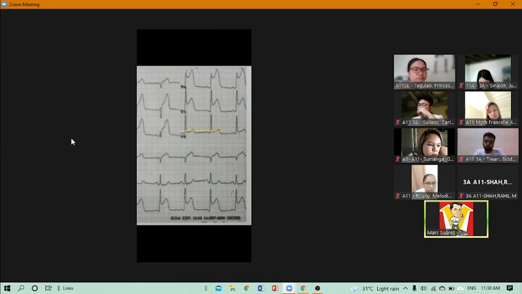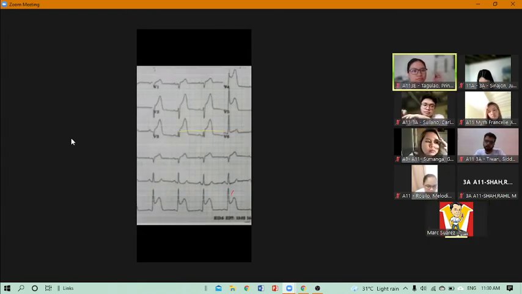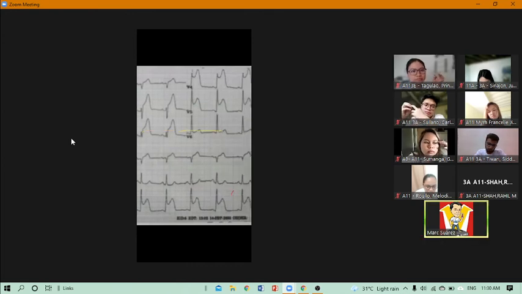Okay, so myocardial injury or tissue damage in the septal wall, anterior wall and the lateral wall. However, for the purposes of this discussion, we will not consider the ST elevation in V6 as significant. Okay?